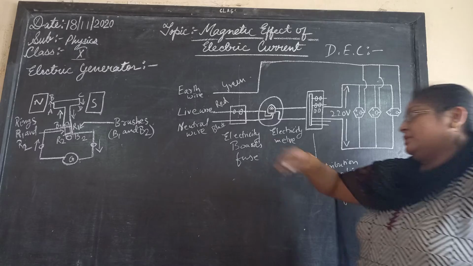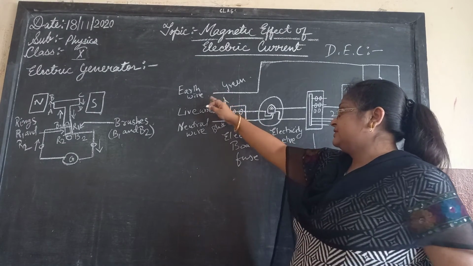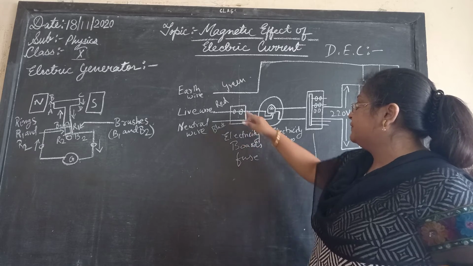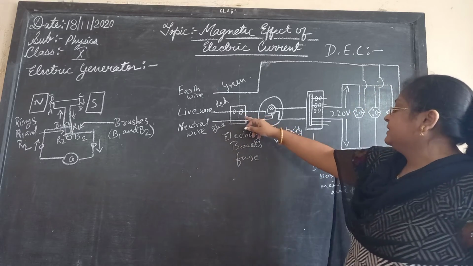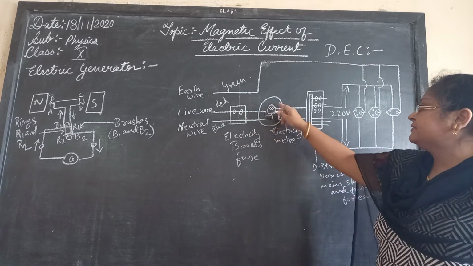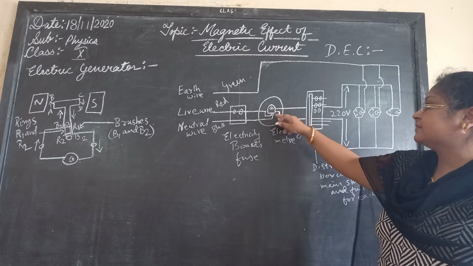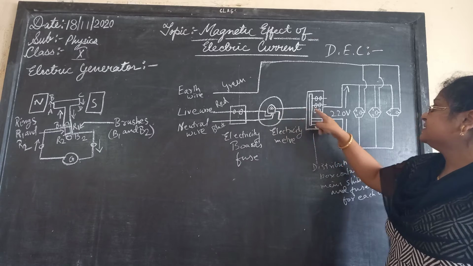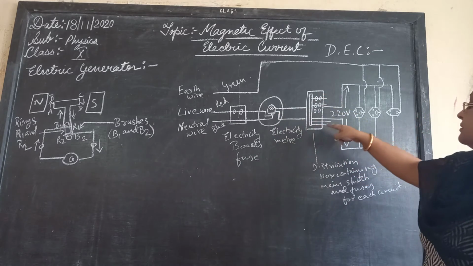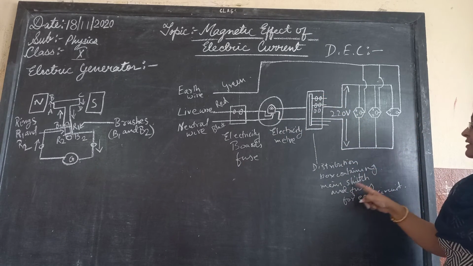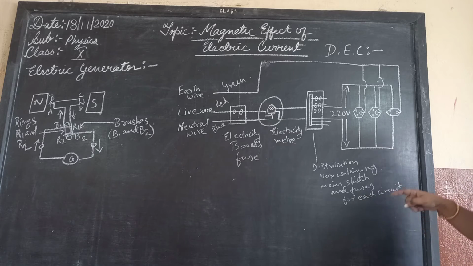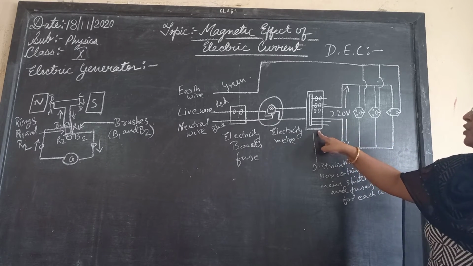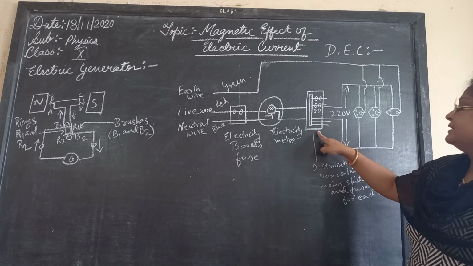From the station, these three wires are given to the electrical board, the fuse itself. Then it comes to the electrical meter, which is there in our houses. Then the meter is connected with a distribution box containing the main switch and fuses for each case, which you can look for in the upper portion of your house, near the entrance gate.